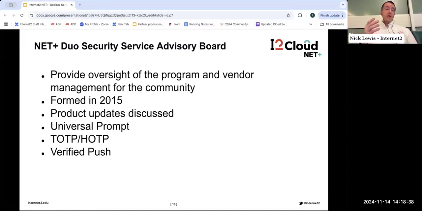I think we had 4 calls with their product management over the course of a year and a half to get down into the details and make sure that it best met the community's needs. Then we had a campus that was an early adopter share their deployment and how they went through the upgrade, so that other campuses could learn from that and make the transition as smooth as possible.